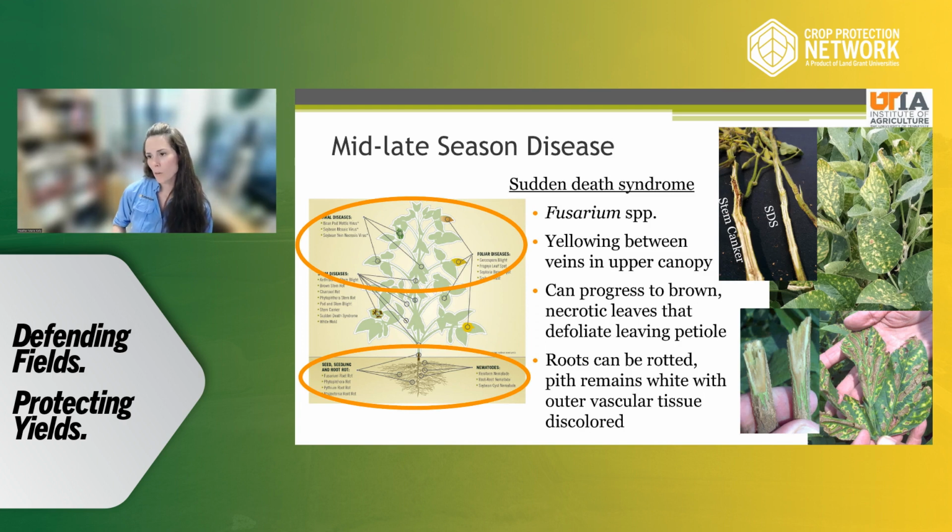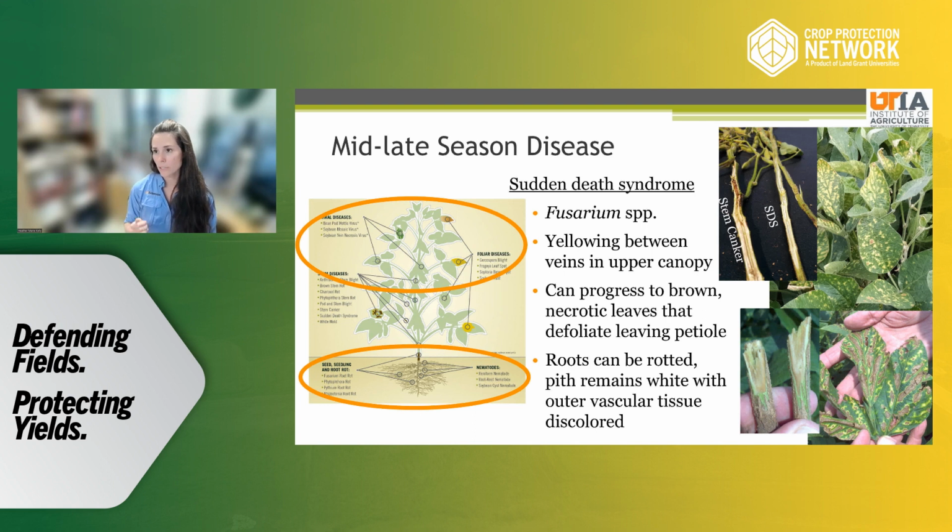When you go to pull out plants with SDS, a lot of times those roots will also be rotten, so it will be a little bit easier to pull those plants out. But again, the foliar symptoms here are very similar: sudden death syndrome, stem canker, taproot decline, as well as chemical injury, including some fungicides and surfactants.